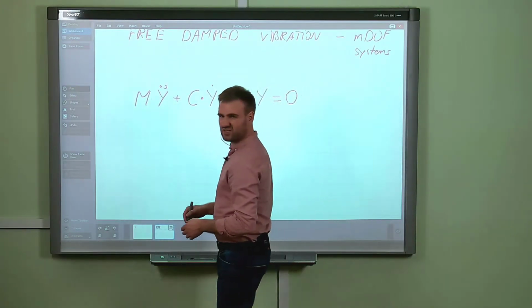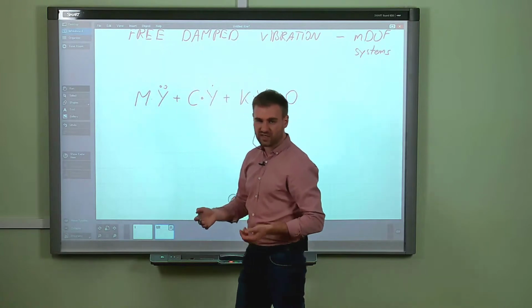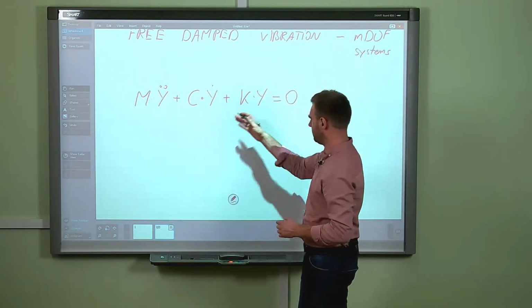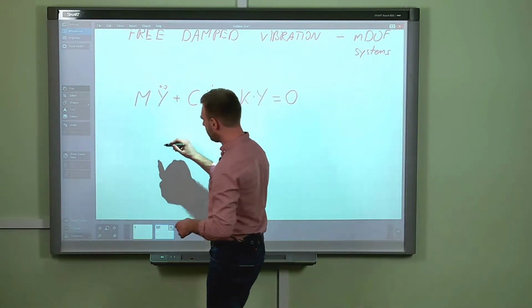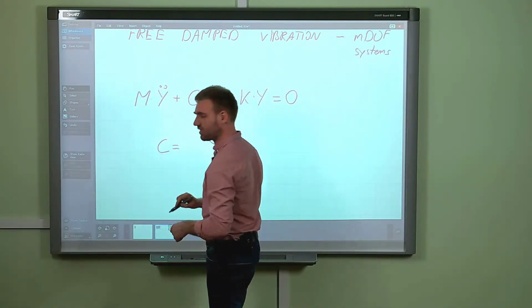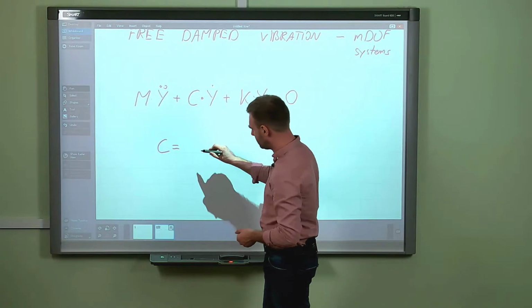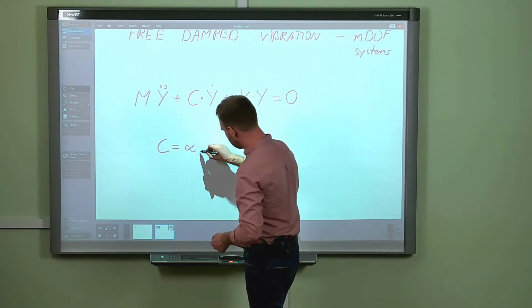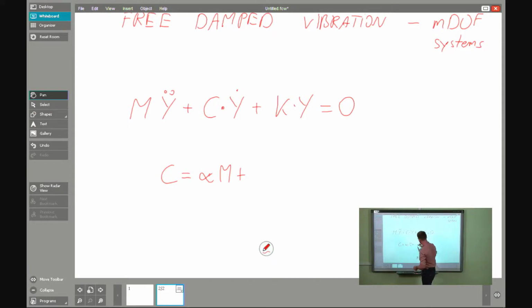Okay, and in most cases, in the general case, it's really difficult to make an efficient analysis of such a system, but we can consider a simplified case. We will introduce an extra assumption where the damping matrix is expressed as a linear combination of the inertia matrix and the stiffness matrix.